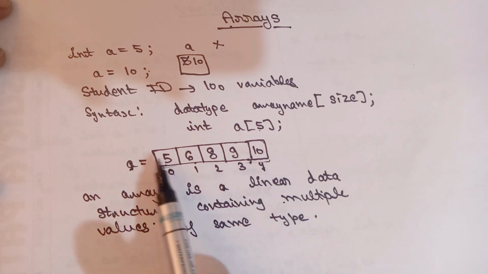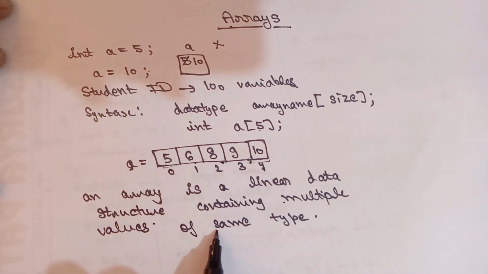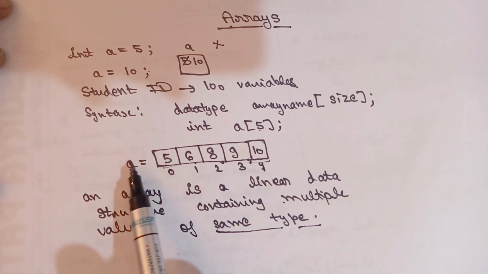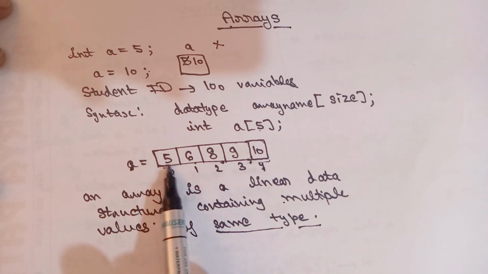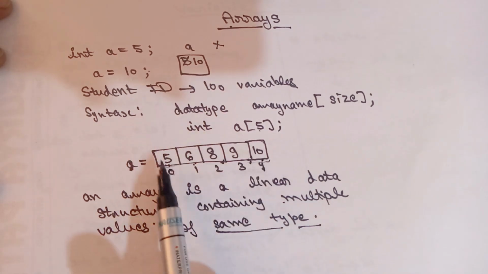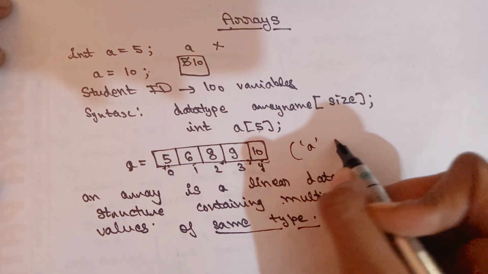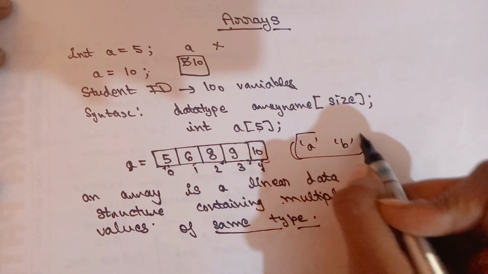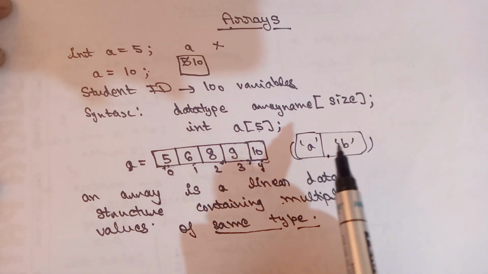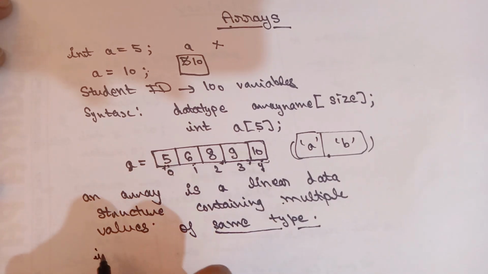As you can see here, there are 5 values stored in this array a, and one important thing is that they should be of same data type. That is, this is an integer array, it can store only integer values. If this were a character array, it would store only character values, like this, A, B. Alright, so now let's understand how to initialize an array.